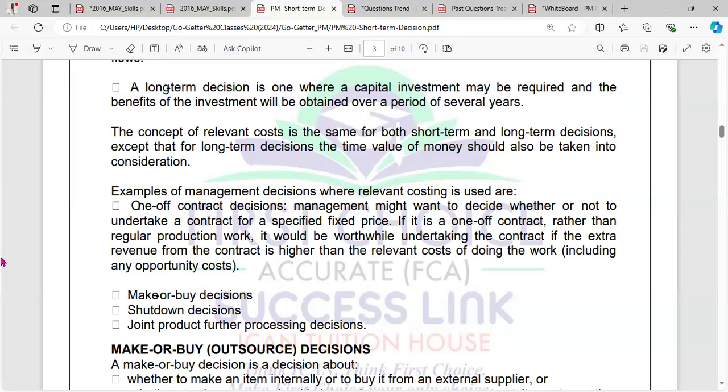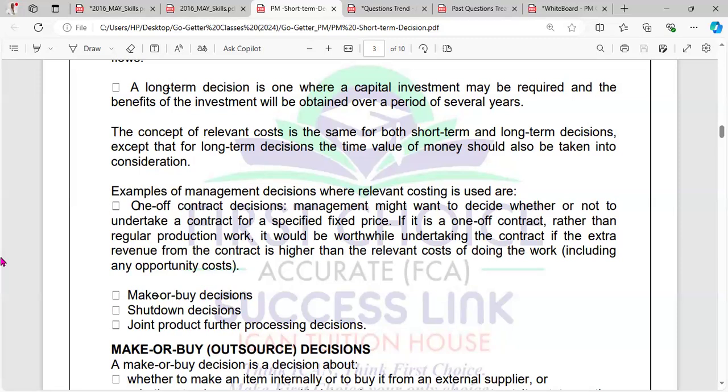So what it means there is that if you are doing bread, you are using flour to do bread and all that, and you have spare capacity, and you are not doing cake using these materials, and they give you a specific price, how is it going to be worth your while is if you look at the relevant costs versus the relevant revenue.